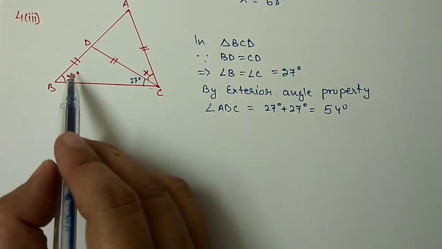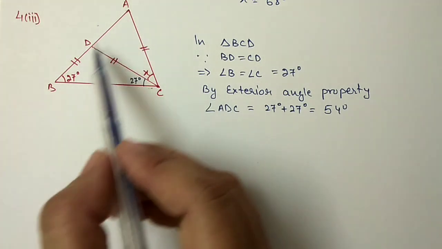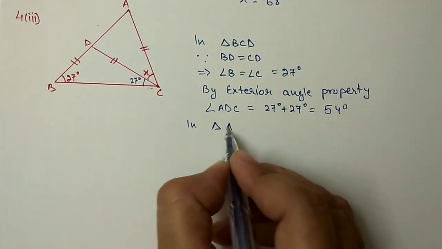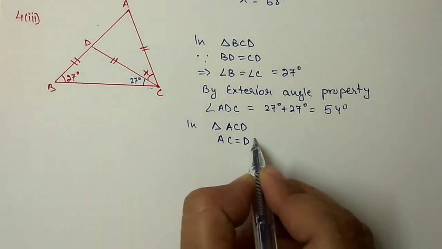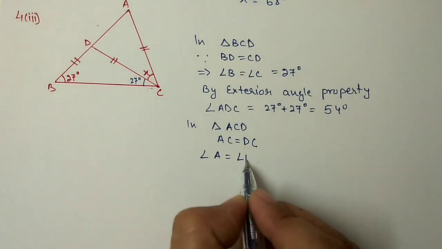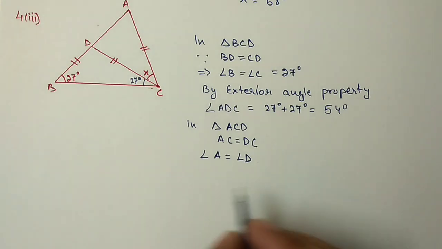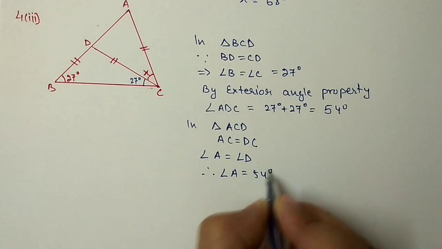Exterior angle is the sum of the opposite interior angles. Now come to this triangle ACD. In triangle ACD, AC is equal to DC. So we can say angle A is equal to angle D. This D already we have calculated 54 degree. So therefore angle A also will be 54 degree.